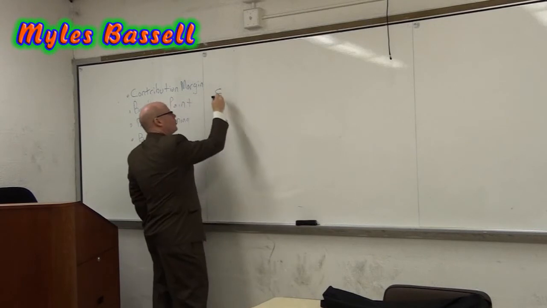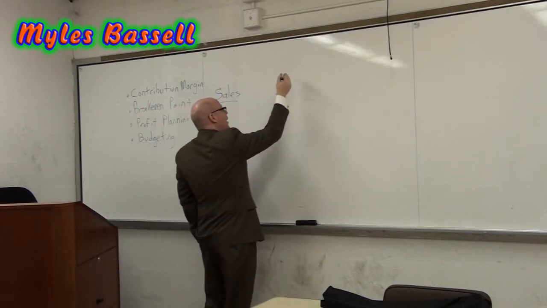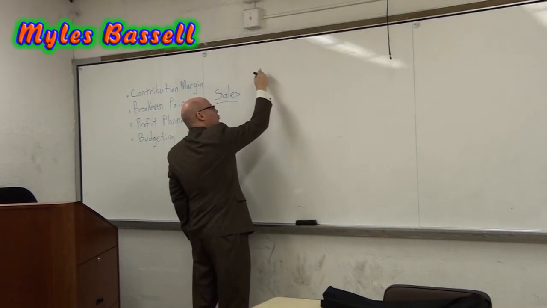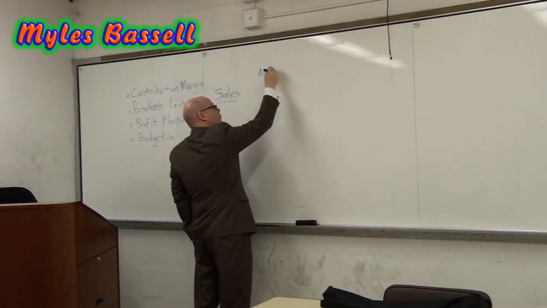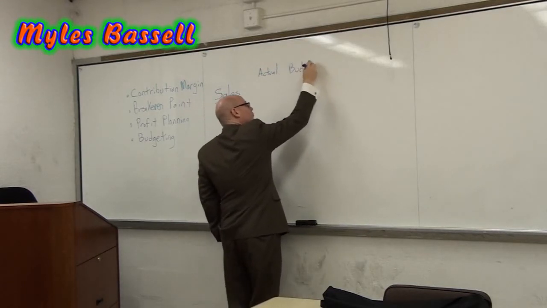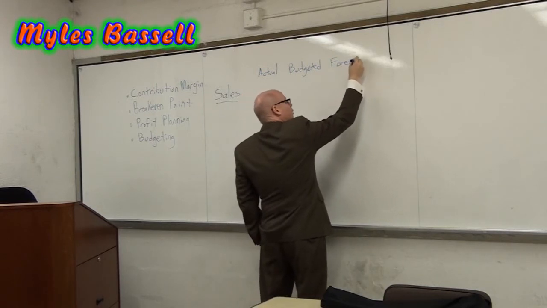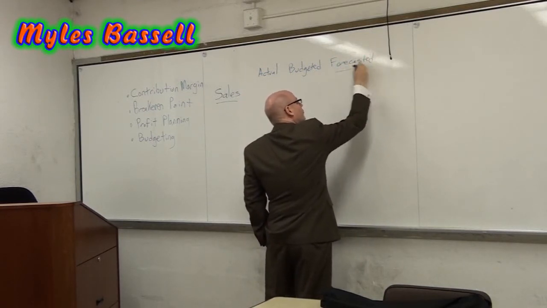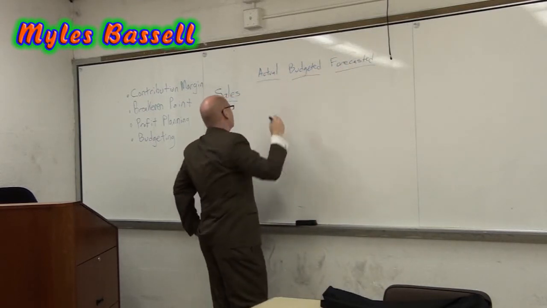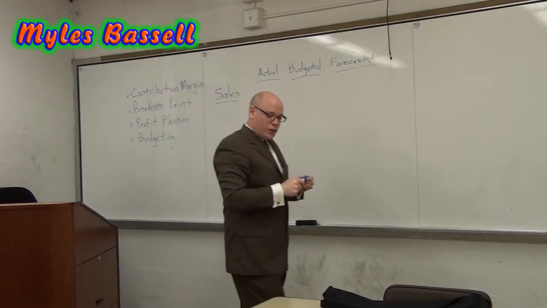Let's say we look at sales. We're going to look at actual, budgeted, and forecasted. What's the difference between the three?